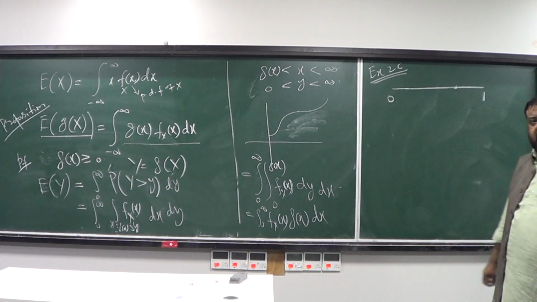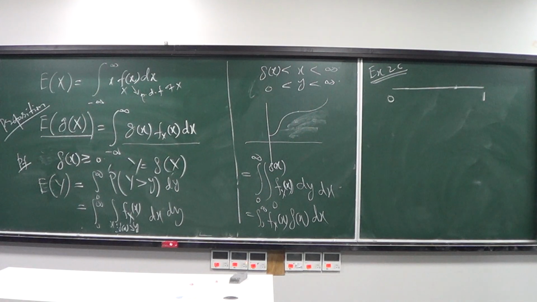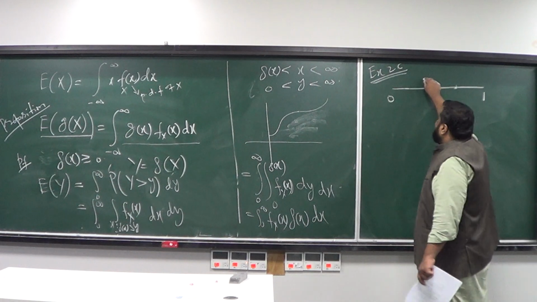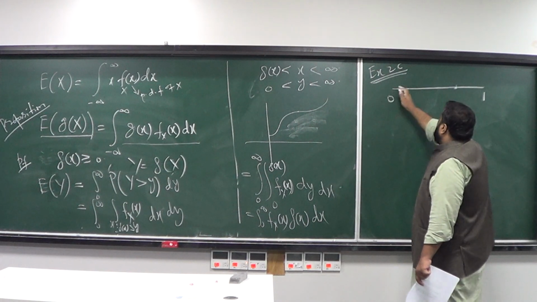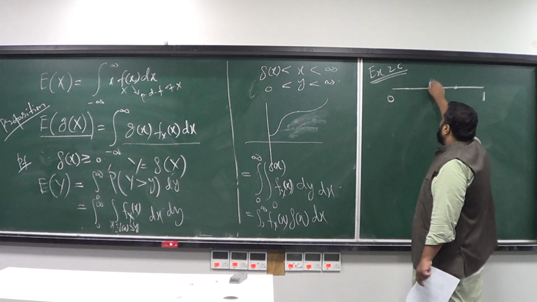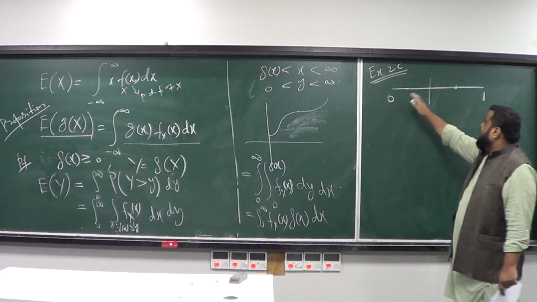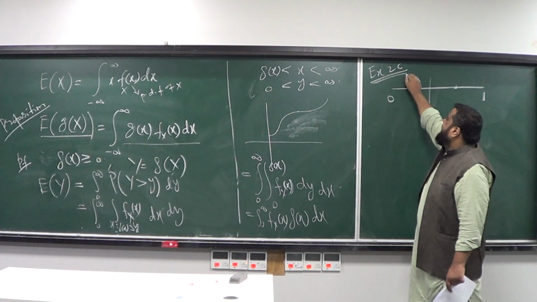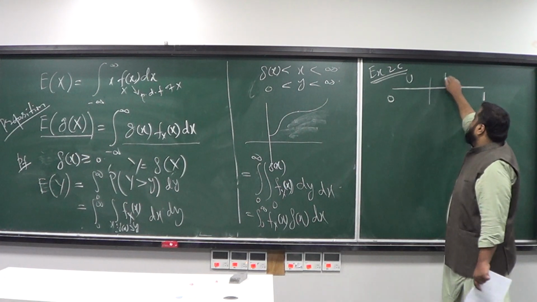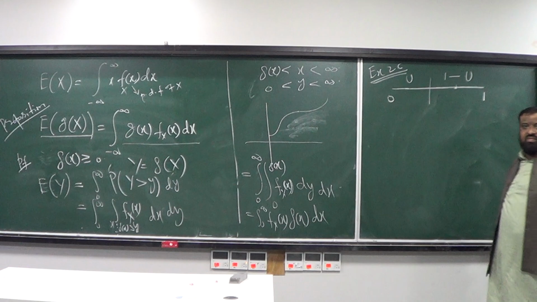Then you broke this stick into two pieces. For example, you took a length, say u, and you broke it. Now I have broken it into two parts: one part has length u and the other has length 1 minus u.